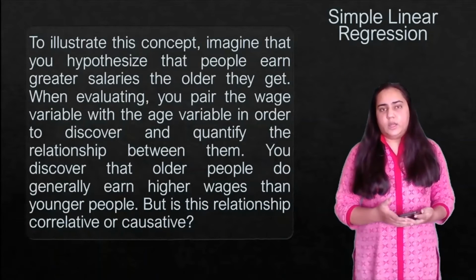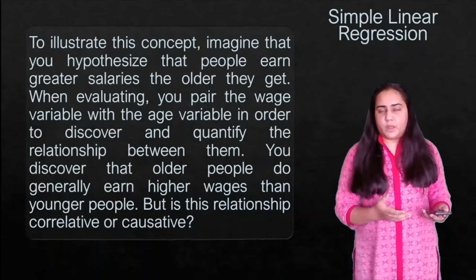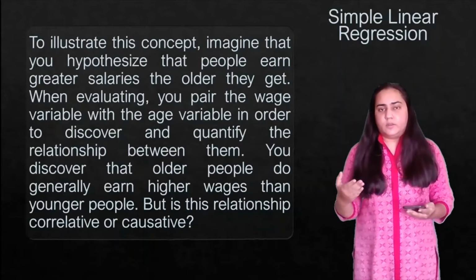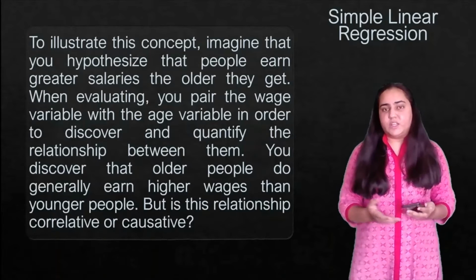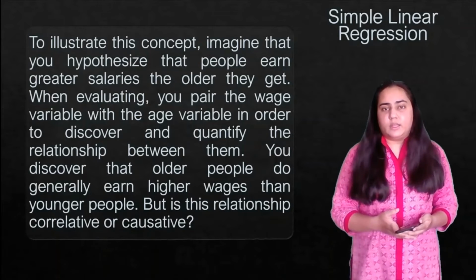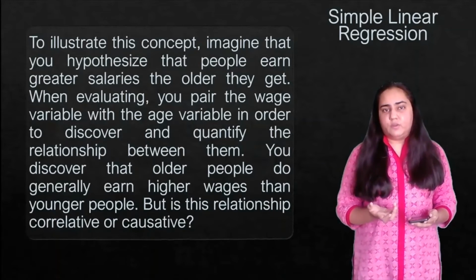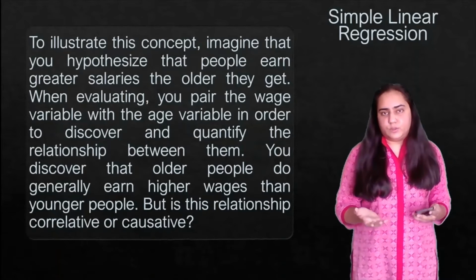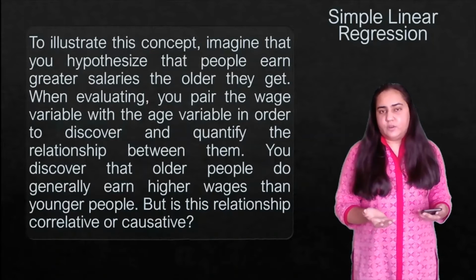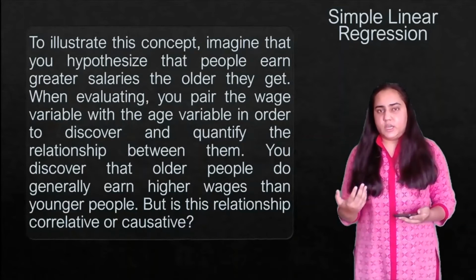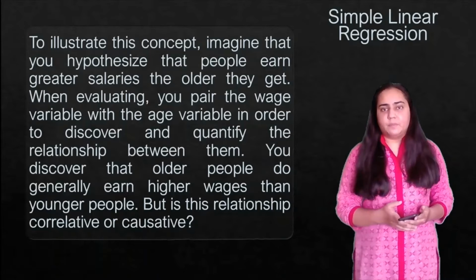So in your hypothesis, there are two variables. One is the age, another one is the salary. So it's a nice way of saying age and wage since they rhyme. And you want to quantify the relationship between those two variables. You want to see if they affect each other, if an increase in one might cause an increase or decrease in the other.